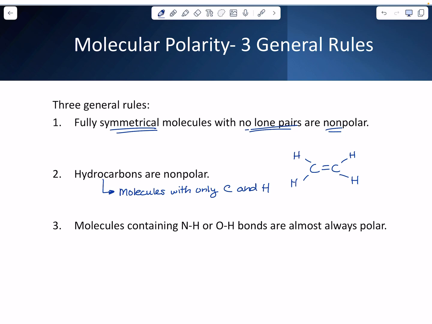All right, or we could have something where we've got lots of hydrogens and no multiple bonds, but the point is, if those are the only 2 atoms you have in your molecule, the only 2 elements, that's a hydrocarbon. Hydrocarbons are nonpolar, okay?